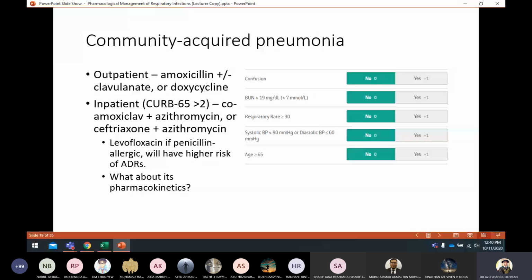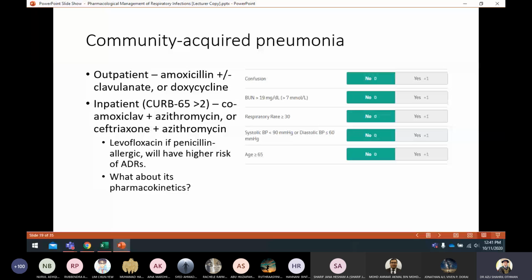And what about its pharmacokinetics? Anything interesting about the pharmacokinetics of quinolones? Anyone remember? The grey baby syndrome, is it? Oh, sorry, that's the adverse effects, not the pharmacokinetics. Well, anything interesting about the pharmacokinetics then?